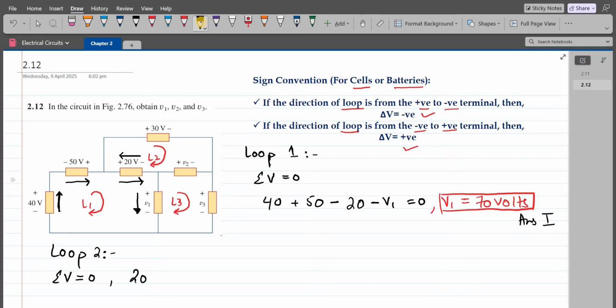Across these 30 volts, the loop is moving from the positive to the negative terminal. So these 30 volts will be considered as negative. And across this V2, the direction of the loop is from the negative to the positive terminal. So this V2 will be taken as positive. So V2 equals to 0. So upon simplification, V2 comes out to be 10 volts. And this is our second answer.